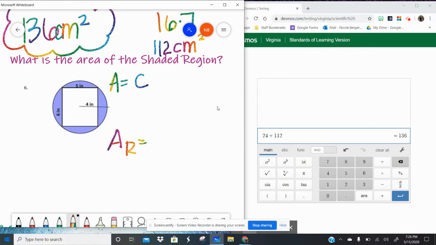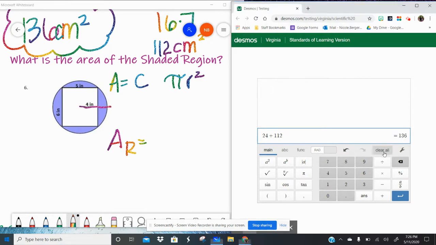So let's look at the area of the circle, which is pi times radius squared. So I have the radius is 4 inches. So I come over to my handy dandy calculator. So 3.14 times r squared.